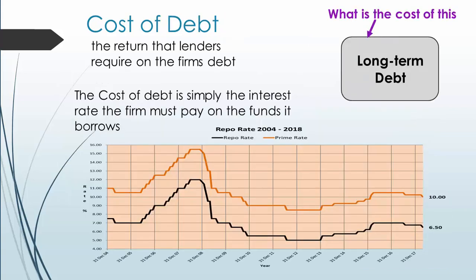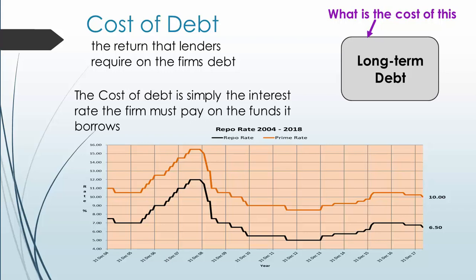So let's have a look at the cost of debt. What is it? It's the return that lenders require on the firm's debt. The cost of debt is simply the interest rate the firm must pay on funds it borrows. Now the thing is that it's not borrowing money at one rate and only once. It can borrow a whole lot of different times, and so you need to get the portfolio weight of that debt.